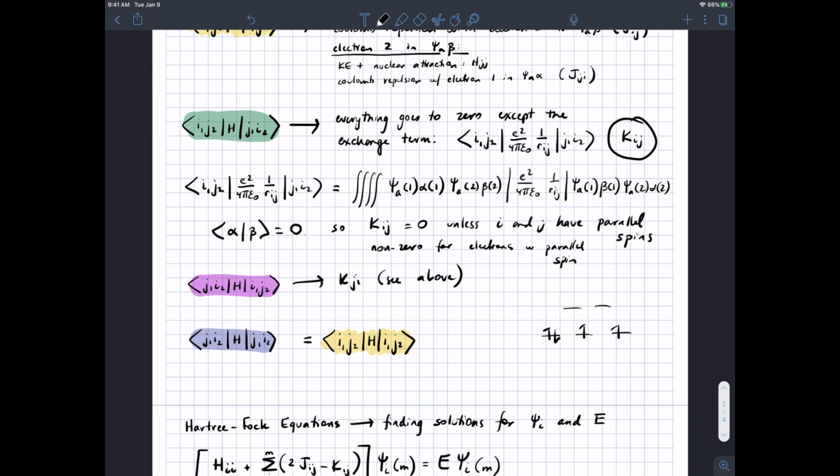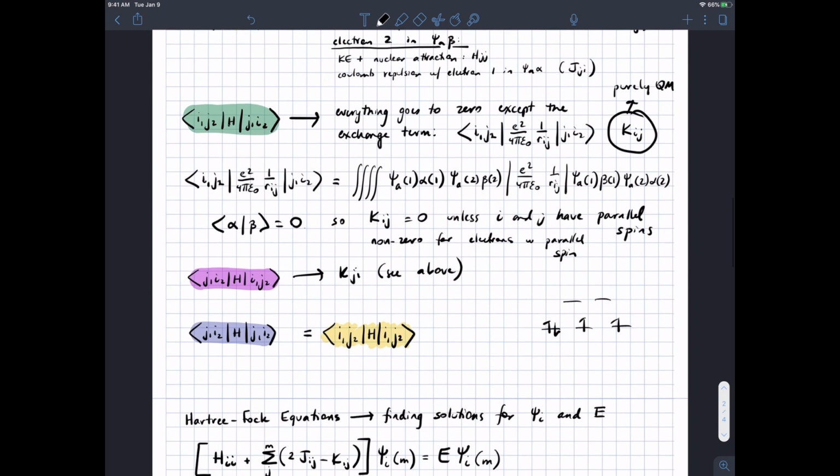Because you get a favorable exchange integral term when you have parallel spins. And this is a purely quantum mechanical term. You don't get this from classical mechanics, but it does explain important things about molecules. All right.